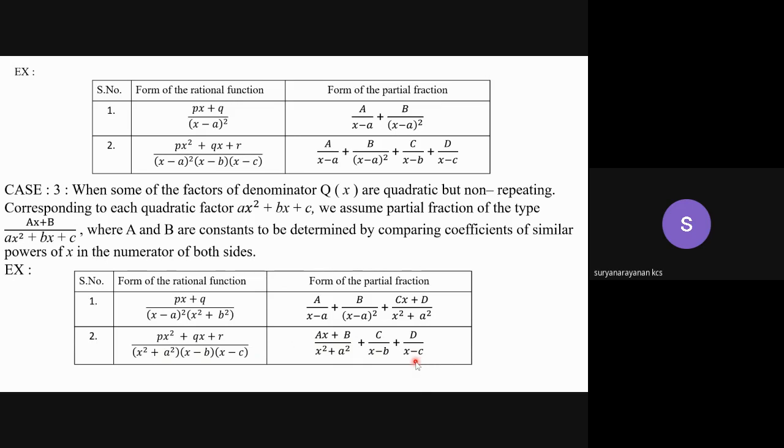D by x minus c, sir. So like this, we write partial fractions for a given proper rational function. This is step 3. After that, we find the values a, b, c, and d. We will discuss how to find them later when we are solving the sums.